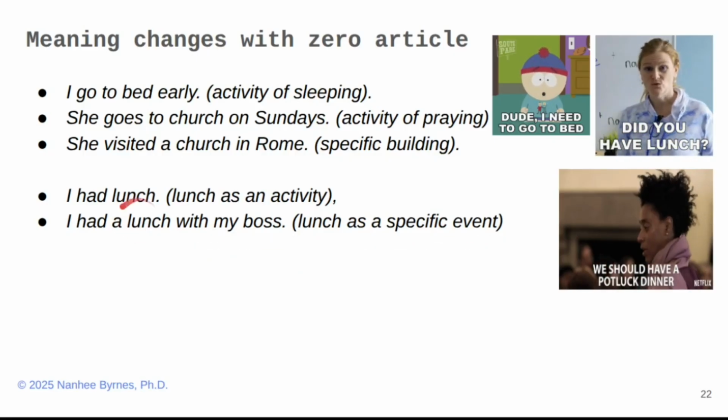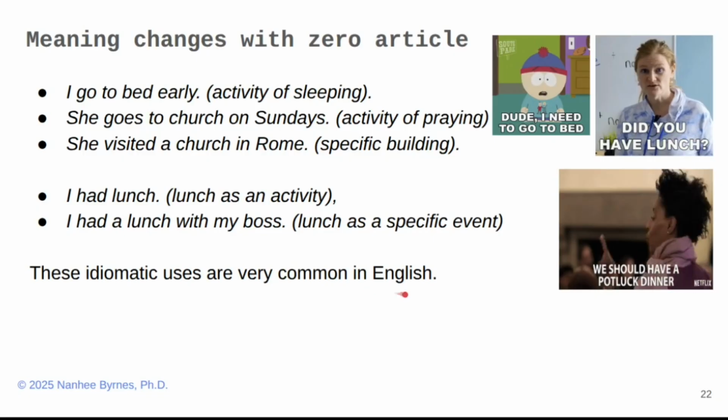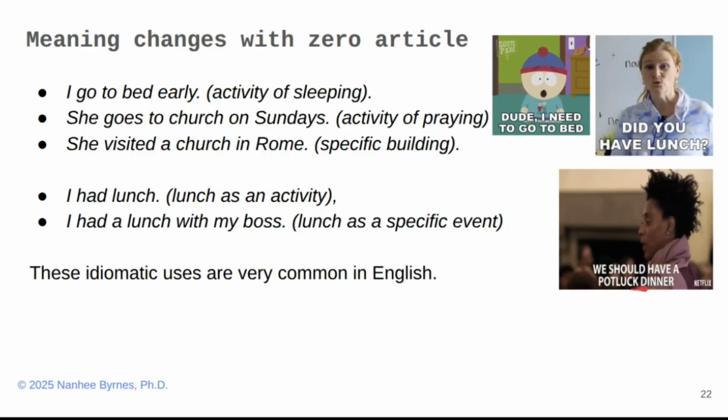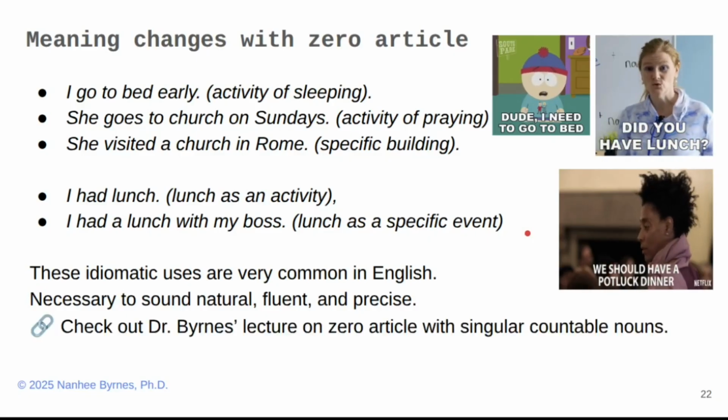These idiomatic uses are extremely common in English, and mastering them will make your speech and writing sound natural, fluent, and precise. If you want to understand these patterns systematically, I highly recommend checking out Dr. Burns' lecture on zero article with singular countable nouns.